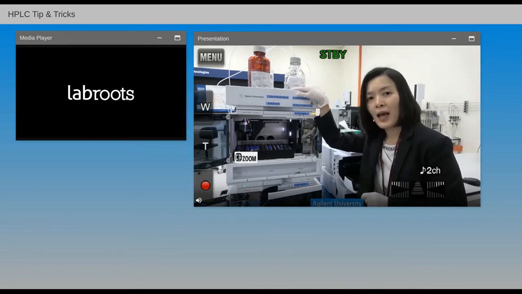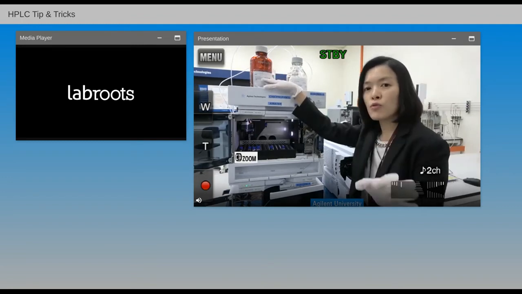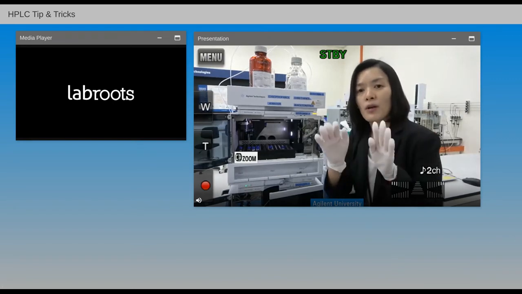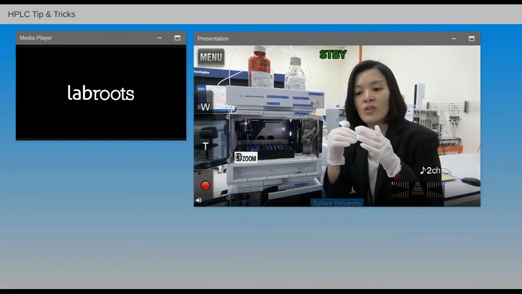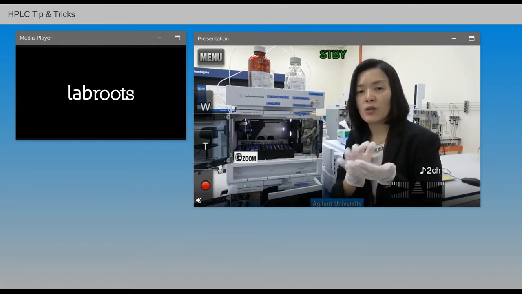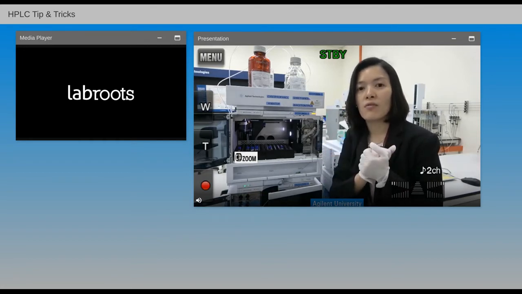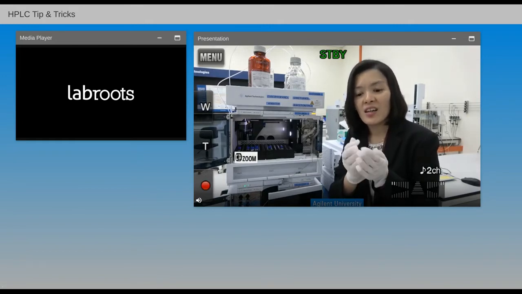Precipitation may only happen when both the solvents and salt buffers are mixed together, because organic solvents and salt buffers don't really like each other. So when you have high organic solvent content, like 80%, and only 20% salt buffer, you may start to see precipitation in these mixtures.